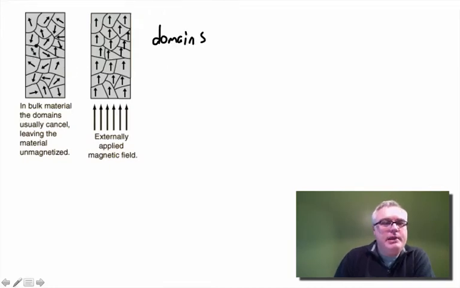And in a non-magnetic material, the magnetic field of each domain is sort of random. So even though this magnetic field is pointing that way, there's another magnetic field pointing in the opposite direction, like this one here, that balances that one out. So the net result is that there is no magnetic field.